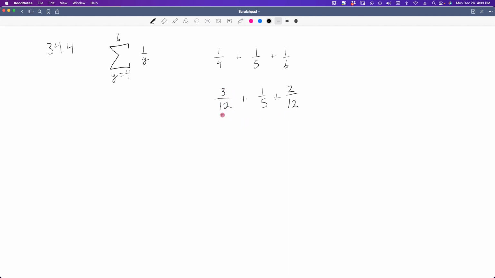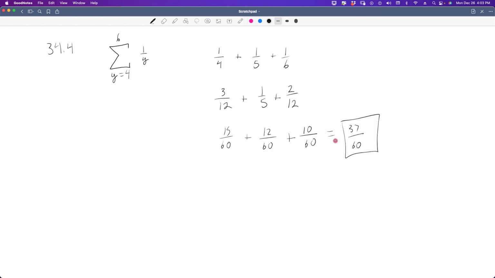So 5 times this is 15 over 60, plus 12 times this is 12 over 60, plus 5 times that is 10 over 60. Now I add all that together, and that's 37 over 60. And this is a prime number, so I can't reduce it. So that's my answer. Not so hard.